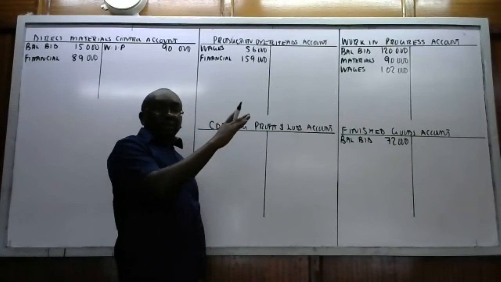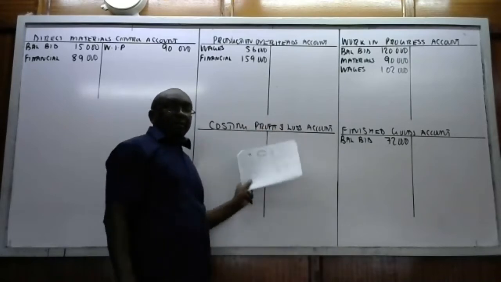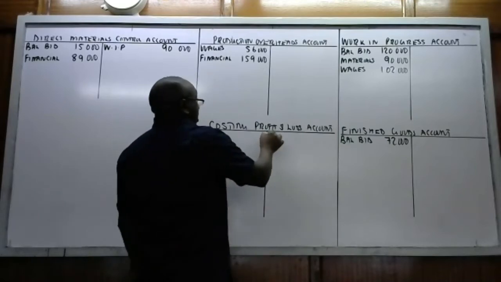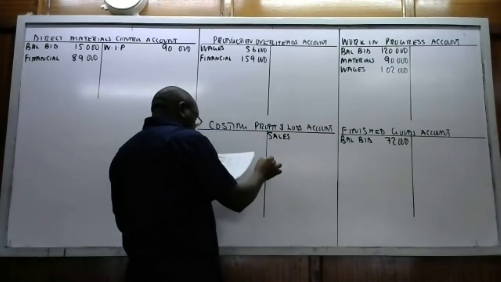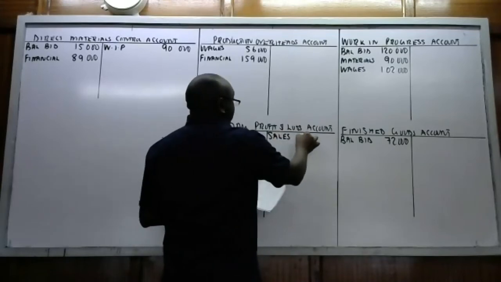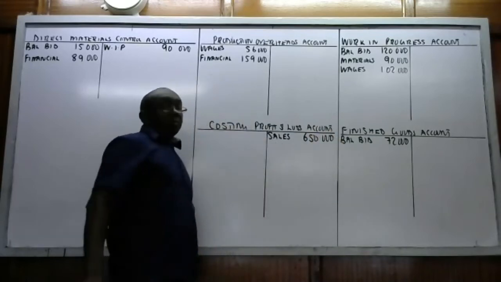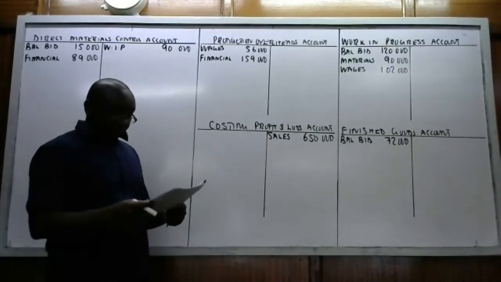After crediting the sales account, you cross it to P&L by debiting sales and crediting P&L. So we come to P&L, which is here. Because of sales, we have 650,000.